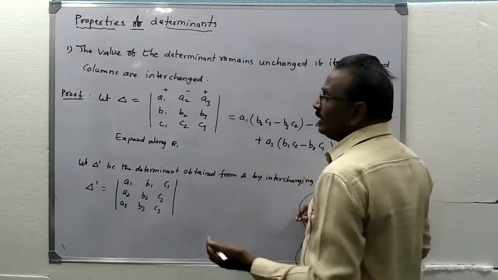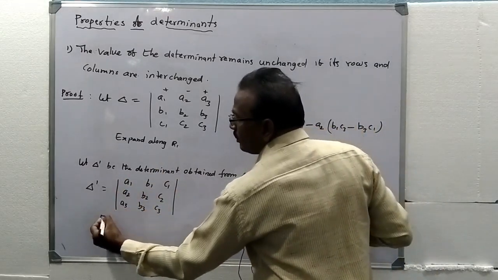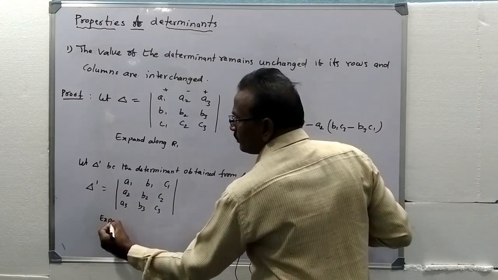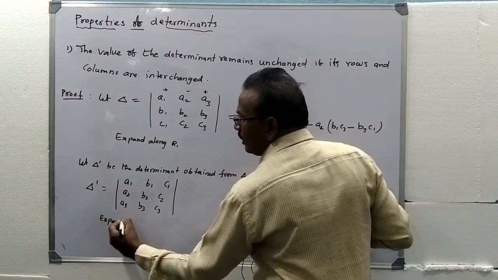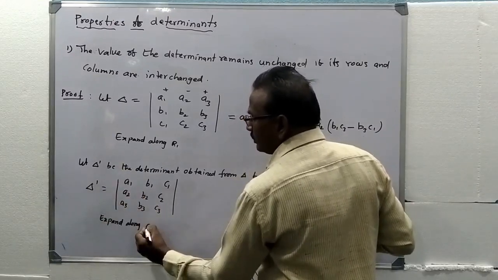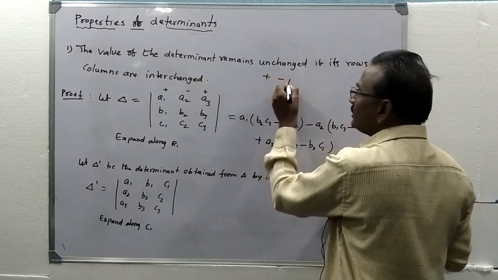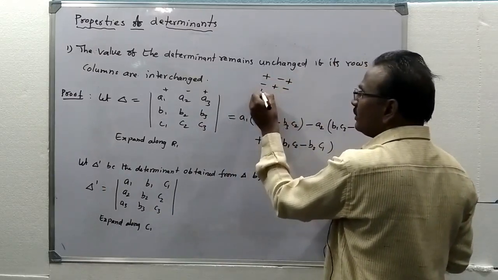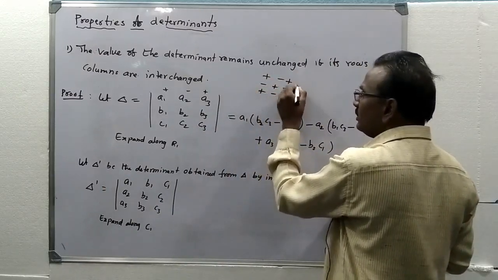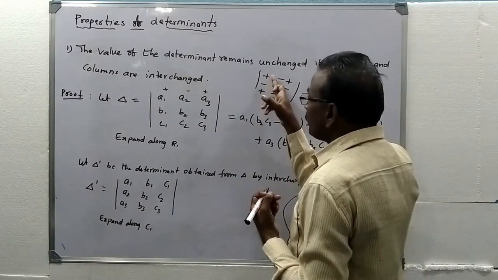For convenience, expand along column 1, c1. So what are the signs? Plus, minus, plus, minus, plus, minus, plus, minus, plus. These are the signs. Here, what are the signs associated with the first column elements?